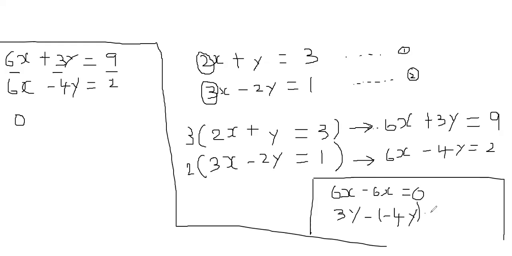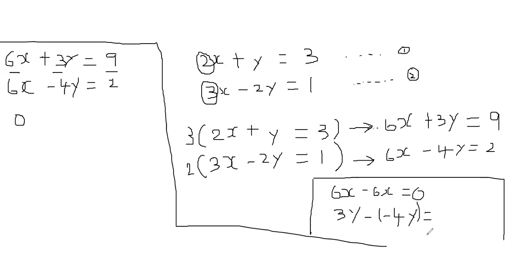This will give me what? Anybody? 3y minus negative 4y. So you put in your calculator 3 minus negative 4. We get 7.